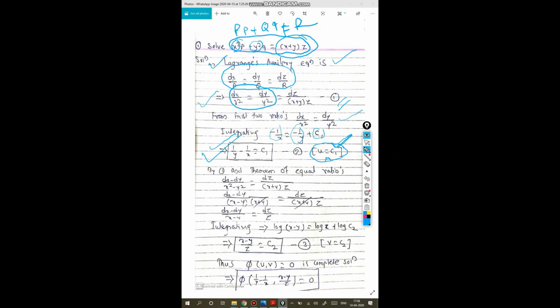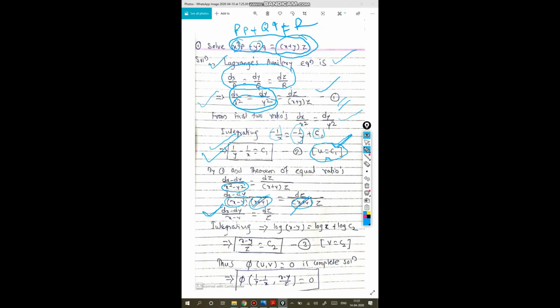Now, to get the second solution, again come to this equation 1 and try to observe what you can do. The simple thing that you observe: if you take dx minus dy, the denominator comes x square minus y square, which has the factor x minus y into x plus y, and if you equate with the last ratio, this x plus y gets cancelled, and you get again a variable separable form, meaning you can integrate.